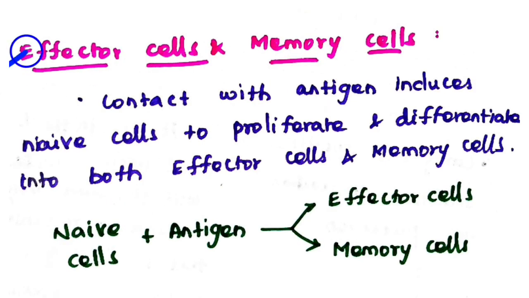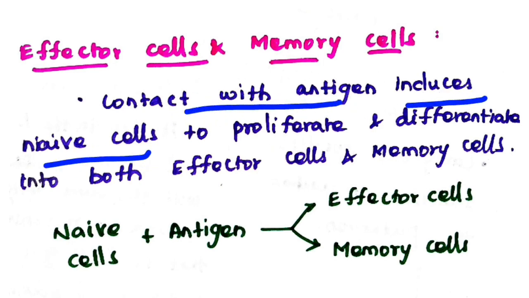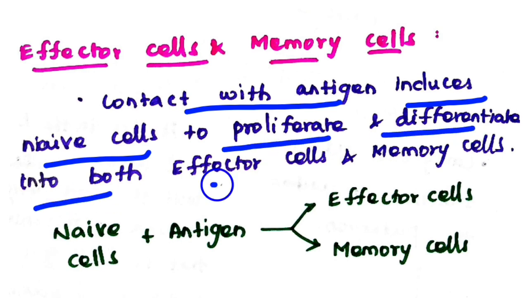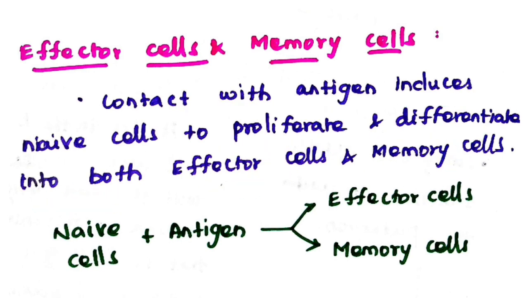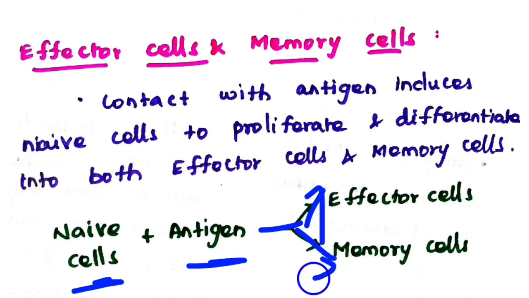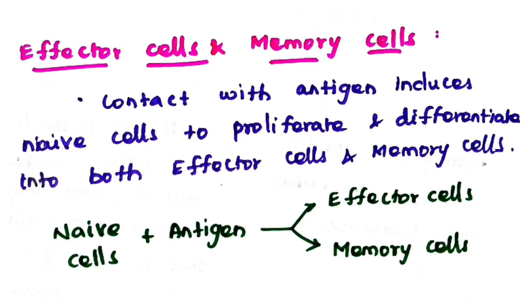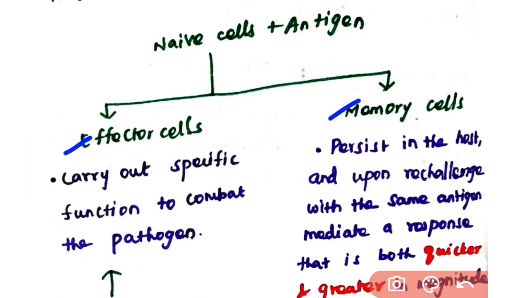The next term is effector cells and memory cells. Once the mature B cells and T cells contact antigen, it induces the naive cells to proliferate and differentiate into both effector cells and memory cells. Effector cells and memory cells have their own specific functions.